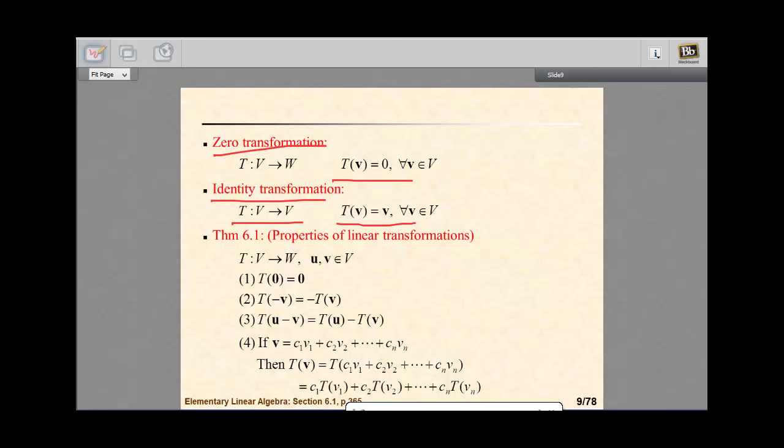Now there is a theorem. There are some properties. Property number 1 says that the transformation of 0 will be equal to 0. Similarly, if we multiply any vector by minus, then the minus will come outside, so the transformation of minus v equals minus the transformation of v.